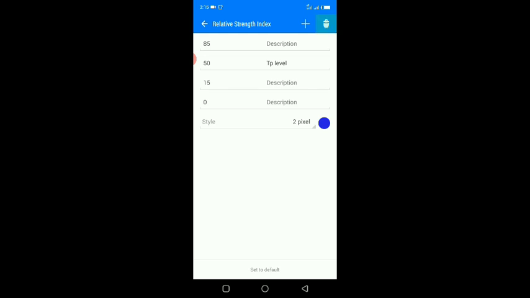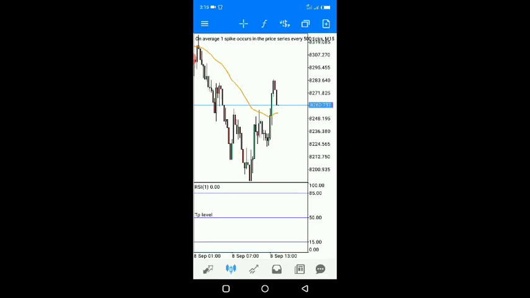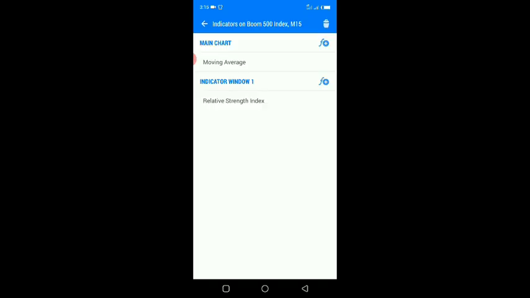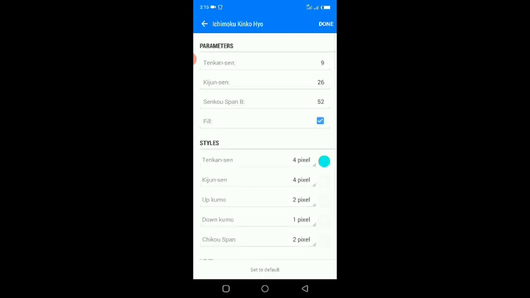Okay, so go back and click on done, and we add our Ichimoku on indicator window 1. We added the same setup as the previous one, if you watched that video.